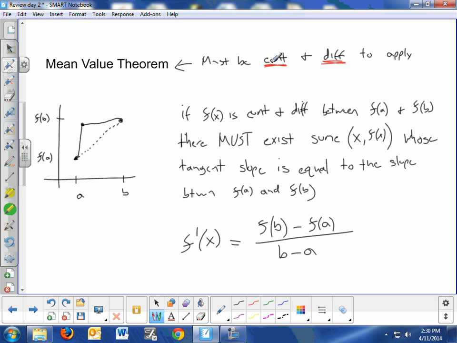Therefore, you must be continuous and differentiable. A key question, and you'll see it in your homework, is they'll say the function is continuous, they'll set something up, and then they'll say there isn't a point that exists. Why? It's because the function's probably not differentiable. That's a key thing.